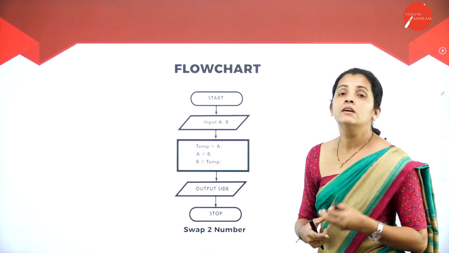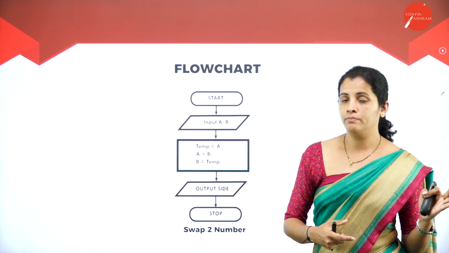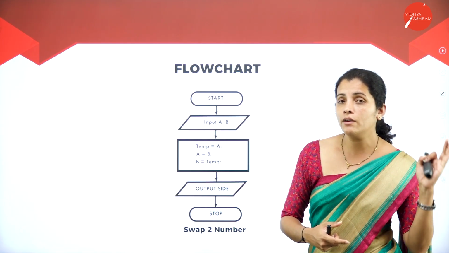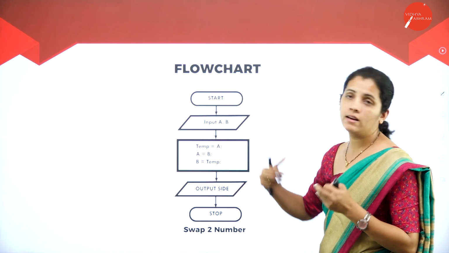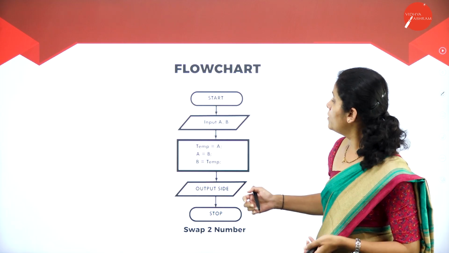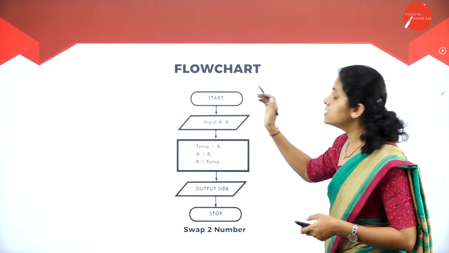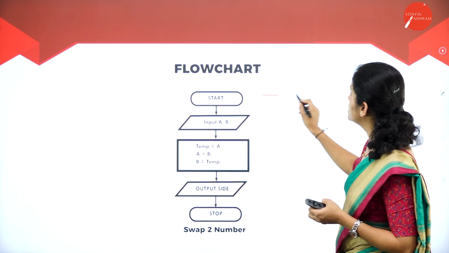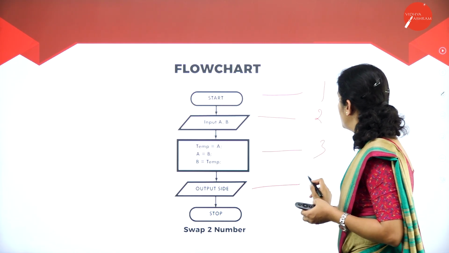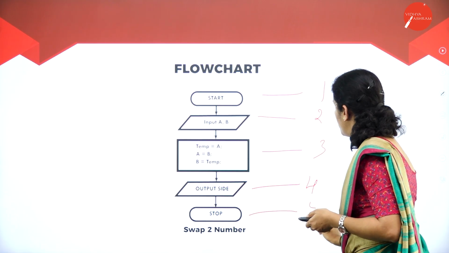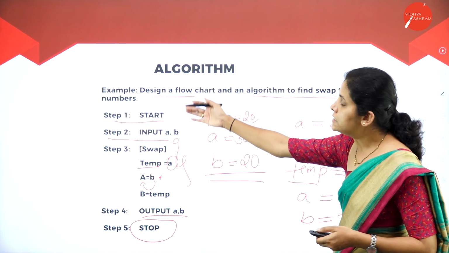Moving further, now I have the algorithm, but what do I want to do? I want to convert my algorithm into a flowchart. How can I convert it? See how many symbols we are going to have. That is 1, 2, 3, 4 and 5. Consider this one.